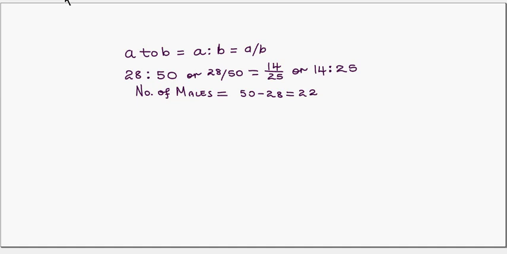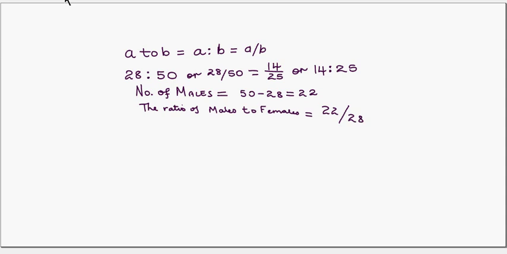Therefore, the ratio that we're looking for, which is the ratio of males to females, is equal to the number of males, which is 22, divided by the number of females, which is 28.